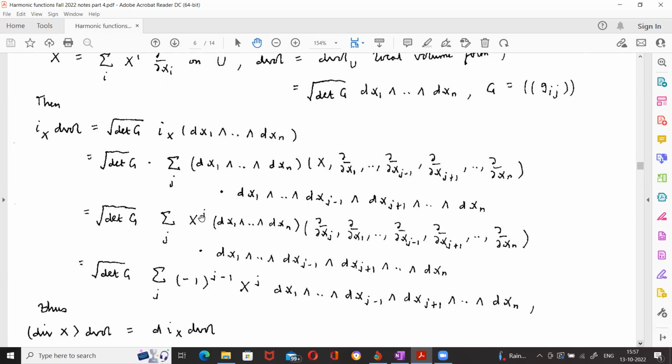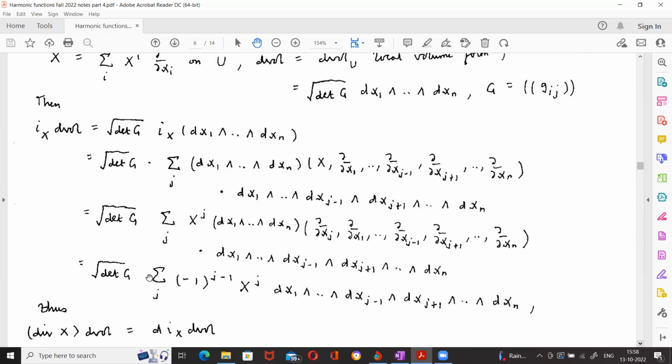So I'll get X^j dx1 wedge dxn acting on del/del xj, del/del x1 up to del/del x(j-1), del/del x(j+1), del/del xn. And this thing I can permute j minus 1 times to bring the del/del xj into the jth position, right? That will give me a factor of (-1)^(j-1).